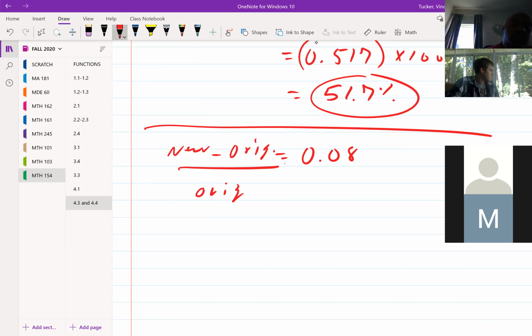Right. Okay, hold on. I think I might have it. So it means the new is going to go equal 8.